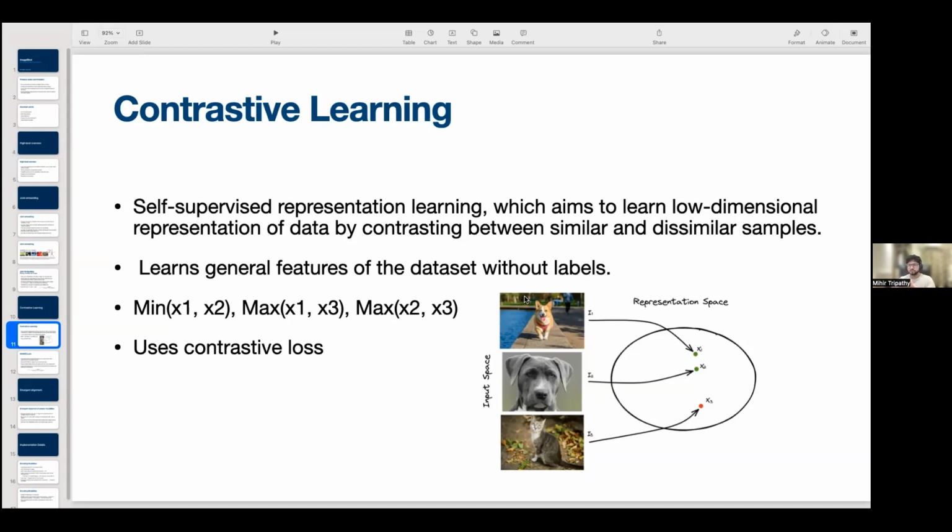This type of learning is usually done through self-supervised representation, which basically means that there is no need for labels. It is not given to us that these images are of dogs, but using the contrastive loss, we make sure that the distance between similar data points is minimized, whereas for those which are not similar, it is maximized.